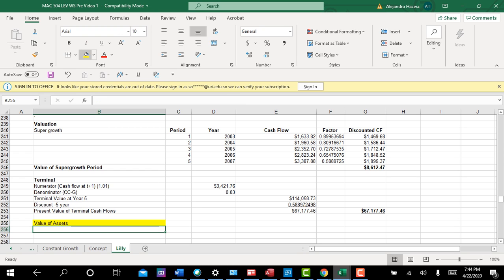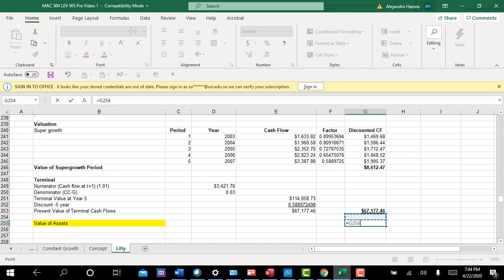It really is the value of assets. Okay, I don't know why it came out yellow there. We'll just tolerate it, which is your super growth value, plus the present value of the terminal cash flows, and it gives you a value of 75 billion, more or less.